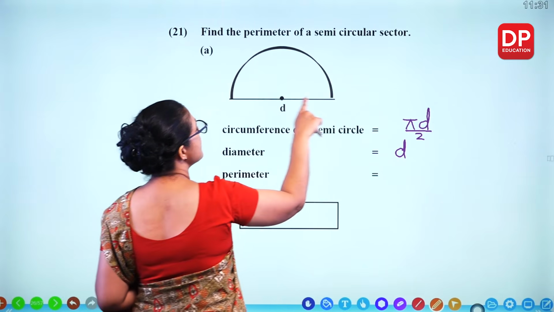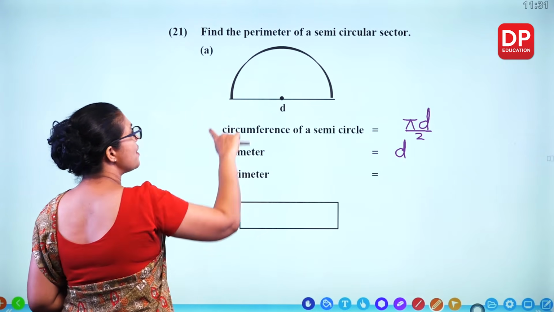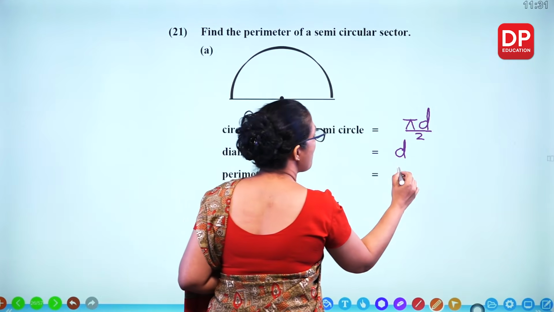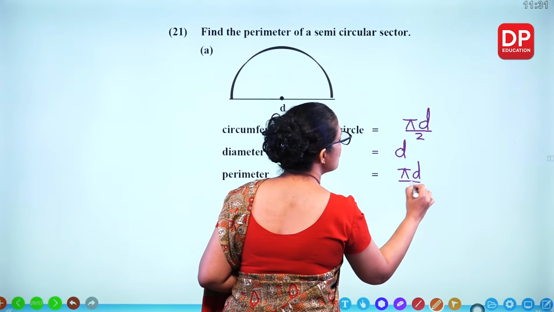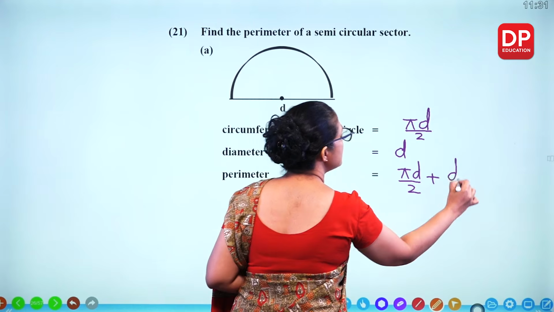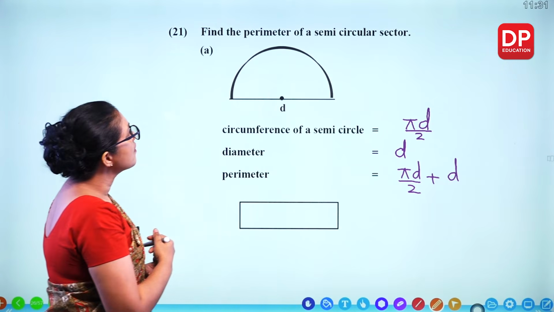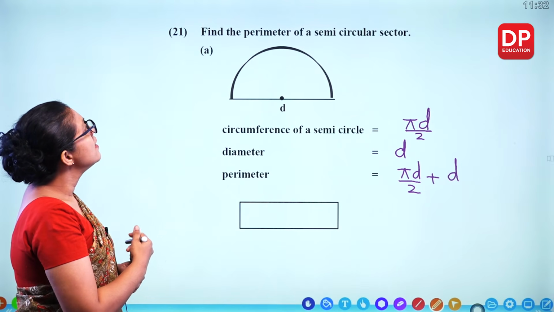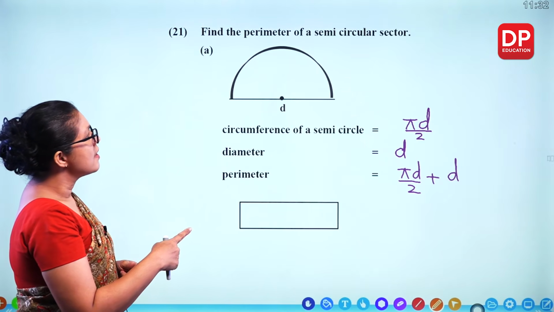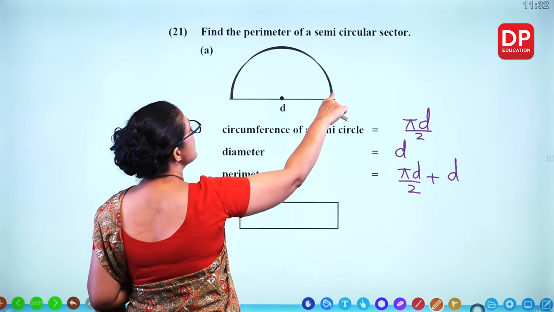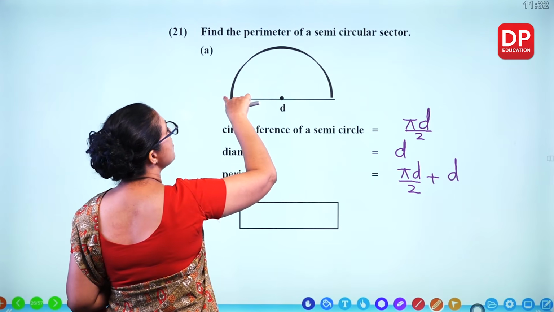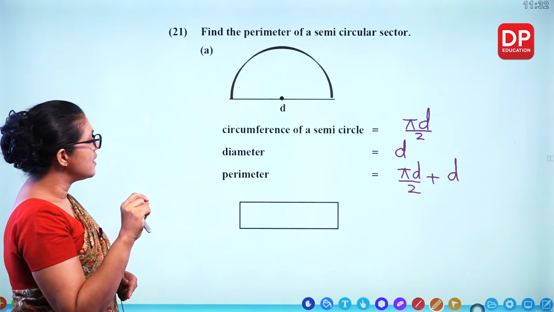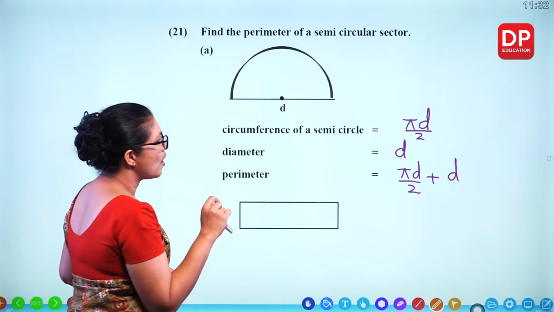Diameter is d. This length is d. So what's the perimeter? Half of a circle plus d. So pi d over 2 plus d. So this is the formula to find out the circumference of a semicircle plus the diameter. That's called the perimeter of a semicircular sector. So how can you write down?